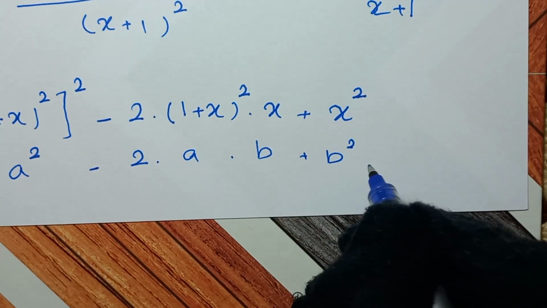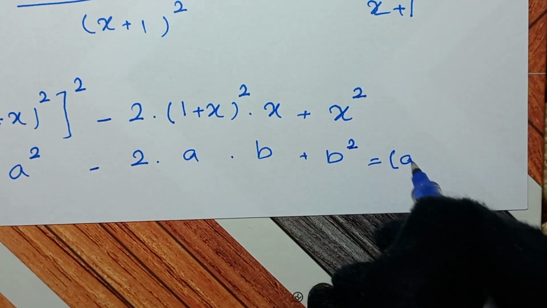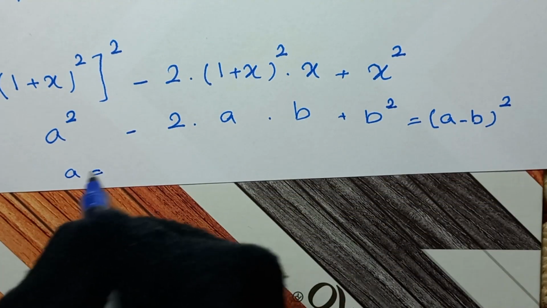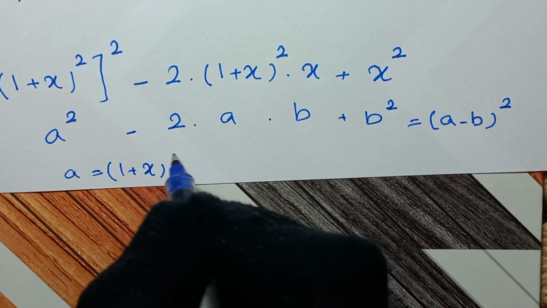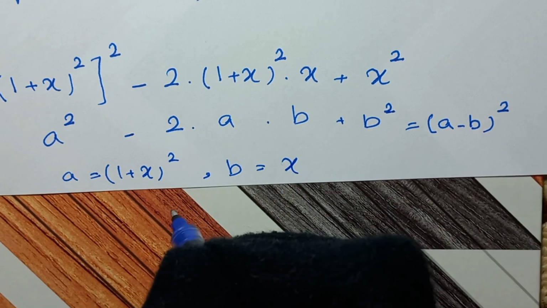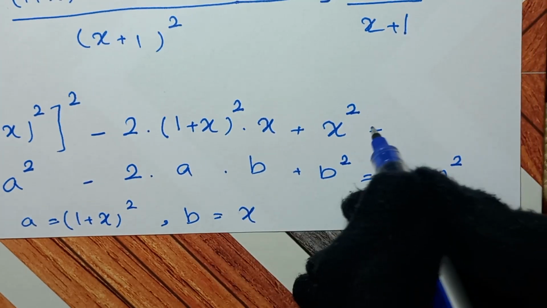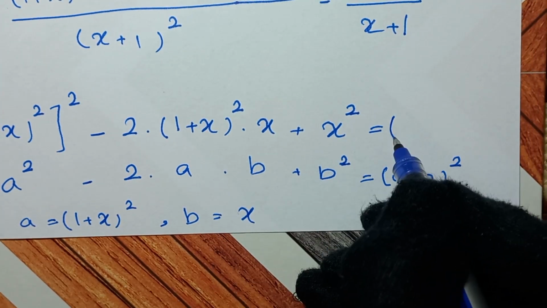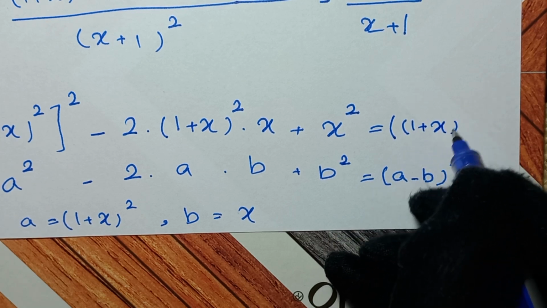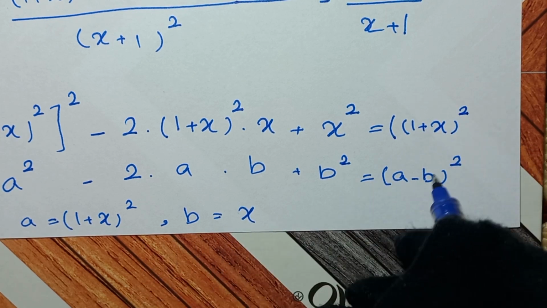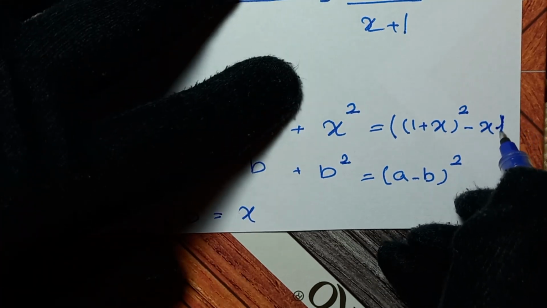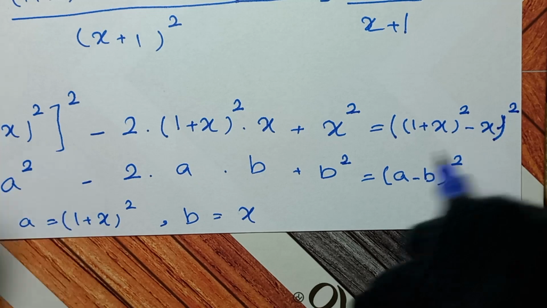And this is equal to (a minus b) to the power of 2, where a is (1 plus x) to the power of 2 and b is x, right? So we can write this as (a minus b) to the power of 2: a is (1 plus x) to the power of 2, and minus b is minus x, all to the power of 2.